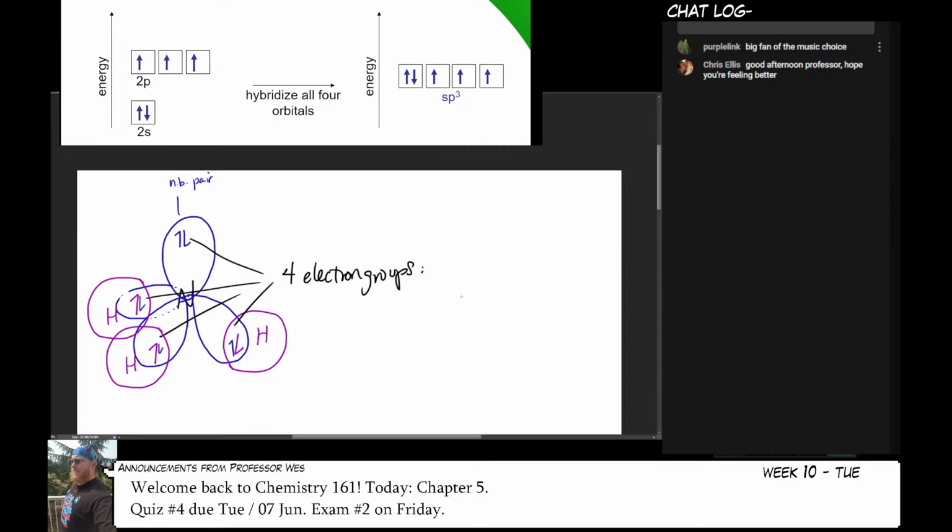Just to review the geometry that we didn't get to do on Thursday. So again, hopefully you've seen that video. There are 4 electron groups, so the electron geometry of this would be tetrahedral.